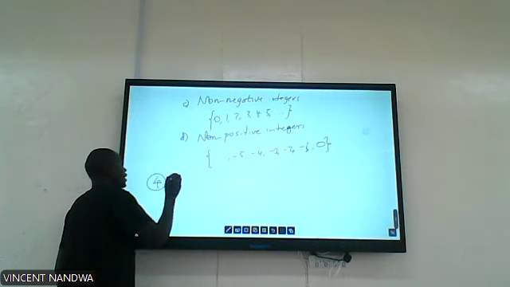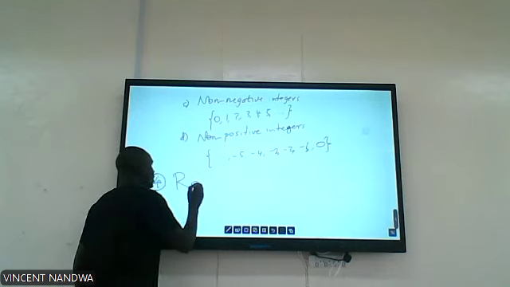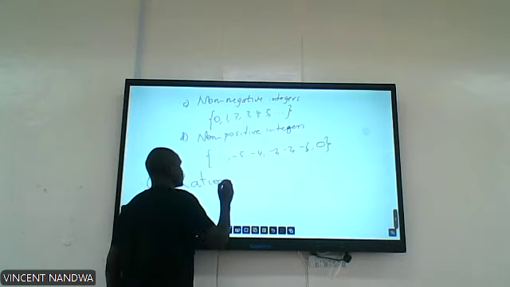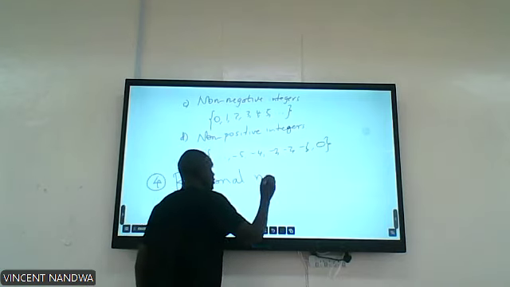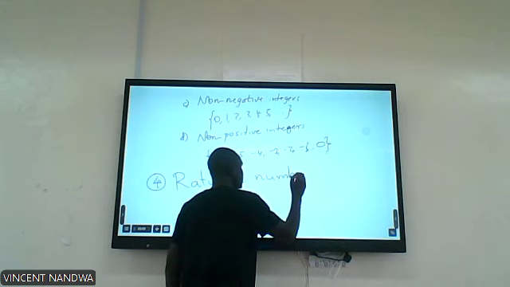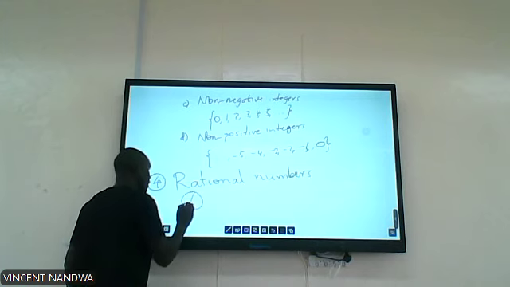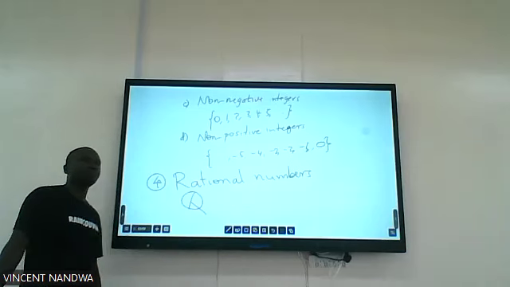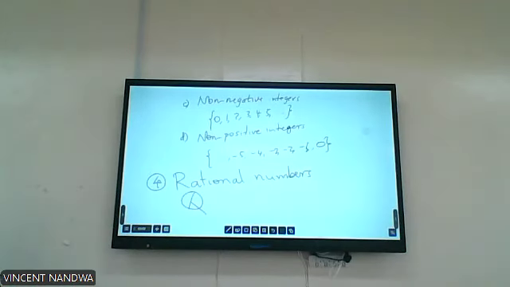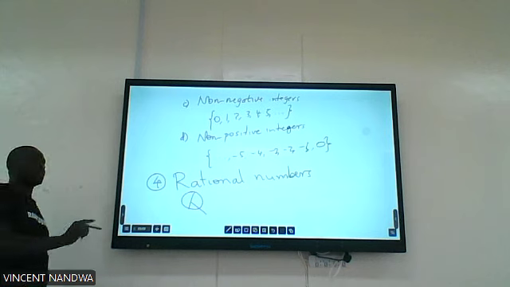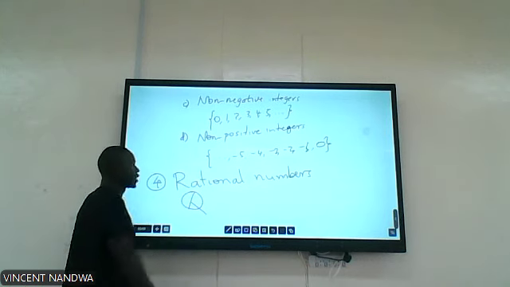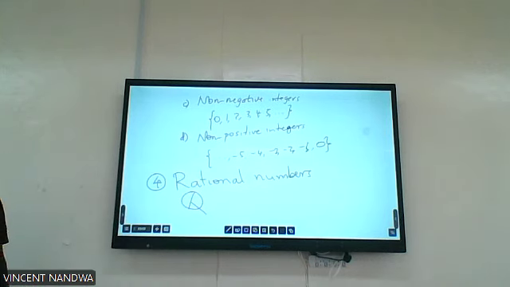And then this is what we call rational numbers. The rational numbers, we abbreviate by bold Q. Just from the name itself, rational comes from the word ratio.